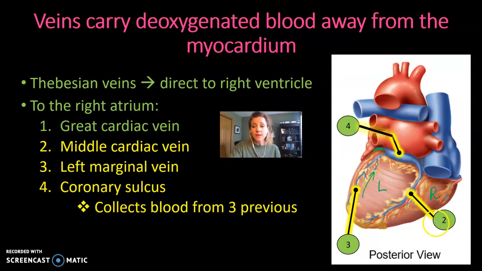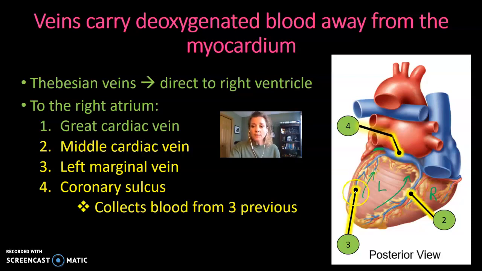So the great cardiac vein is on the front, the middle cardiac vein is on the back. It's sharing the posterior interventricular sulcus with the posterior interventricular artery. And so it's going to carry blood back up that has been deoxygenated to this swollen portion, which is labeled number 4, which is called the coronary sinus.